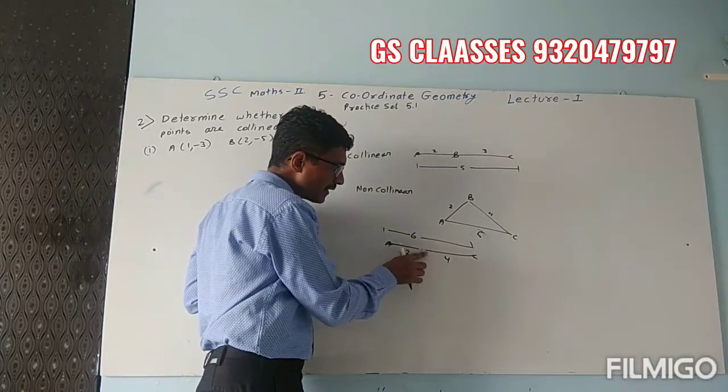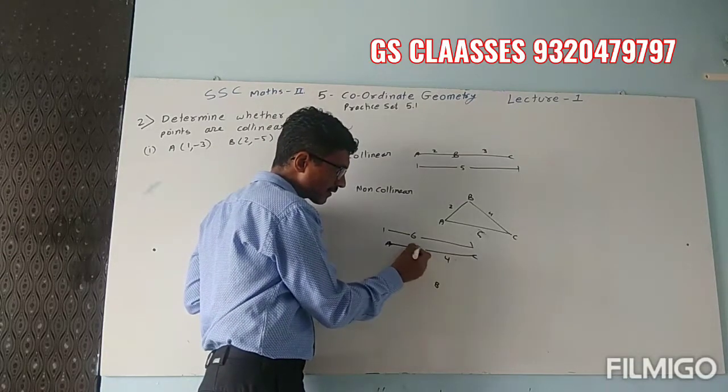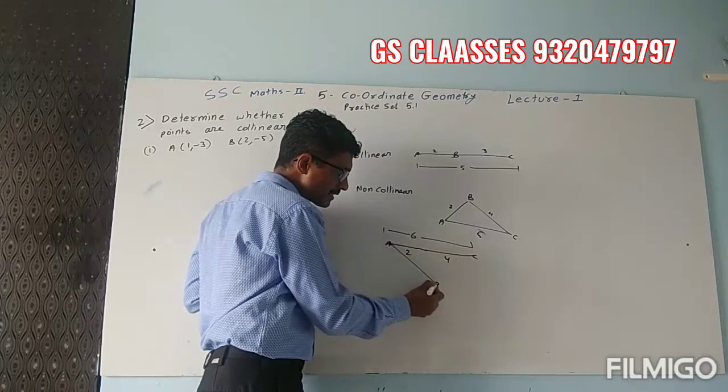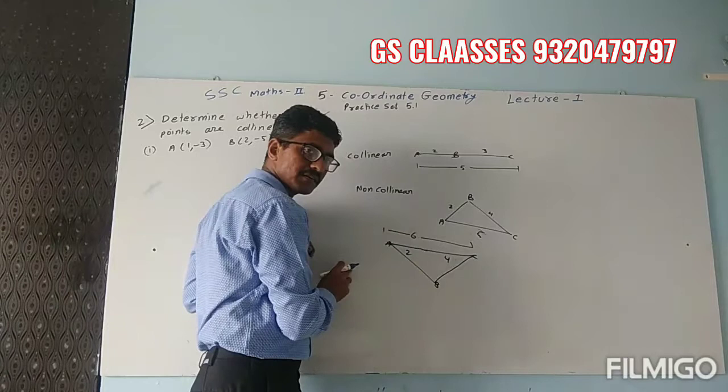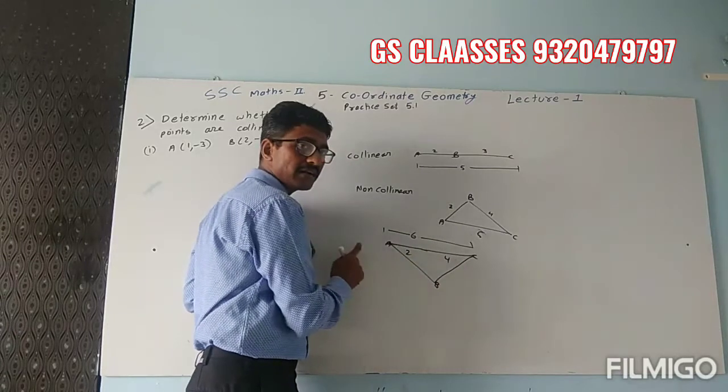And if suppose I am taking B somewhere here, then this distance will be different, this distance will be different, because they are forming a triangle.